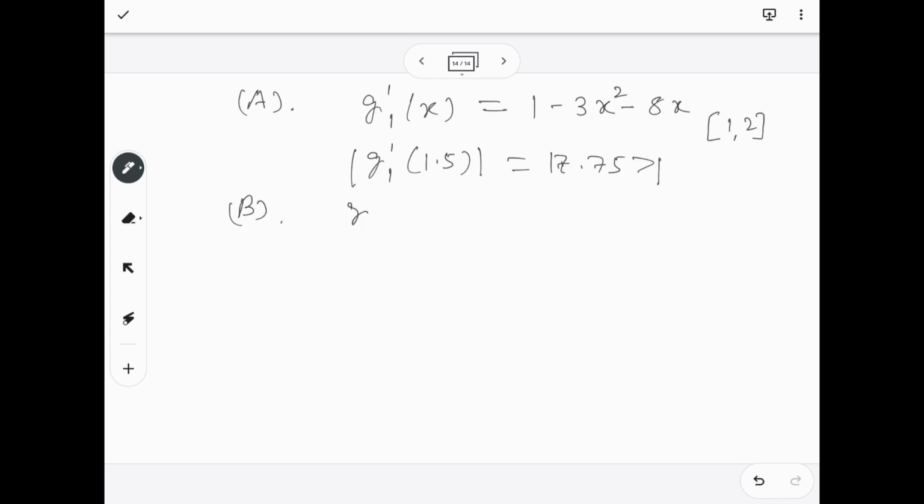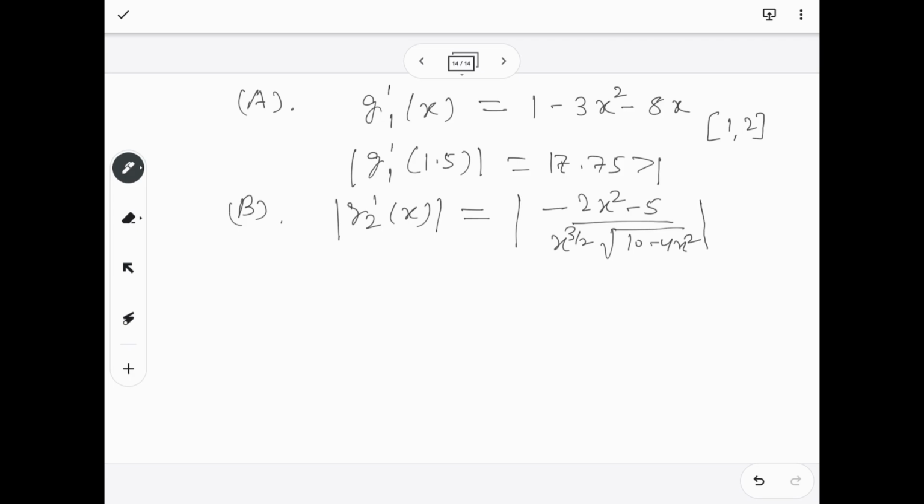For another form, g2 prime, we took the derivative of the function g2, and this is given by minus 2x square minus 5 by x to the power 3 by 2 root over 10 minus 4x square.